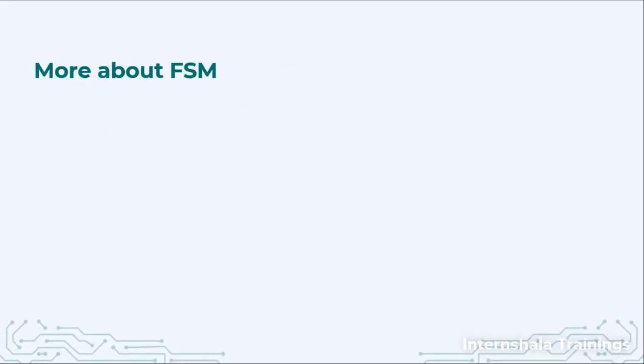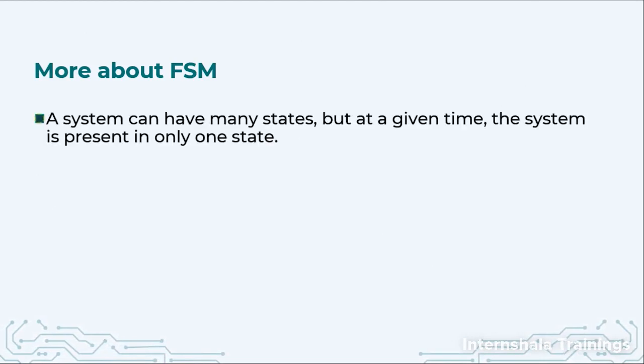Let us talk more about FSMs so that we get better clarity. A system, as we have said, can have a lot of states. It should be a finite number, but it can be a very high number also. But at one given time, the system will be present in only one state. That means it will be computing only one thing or making a certain decision.